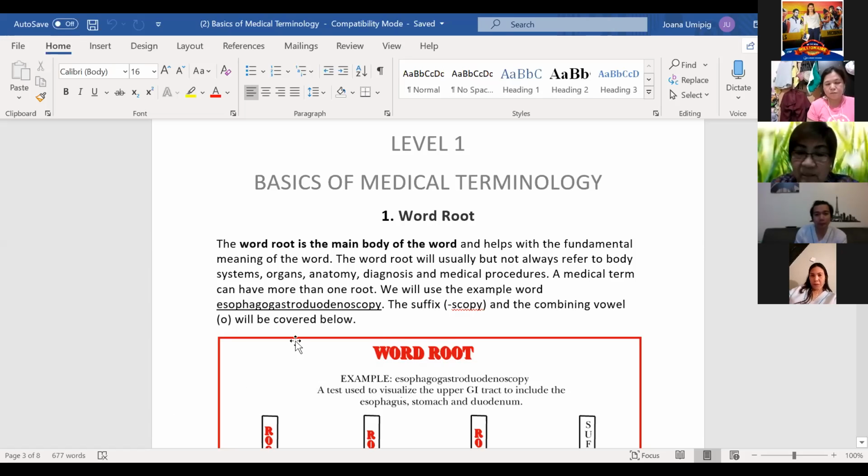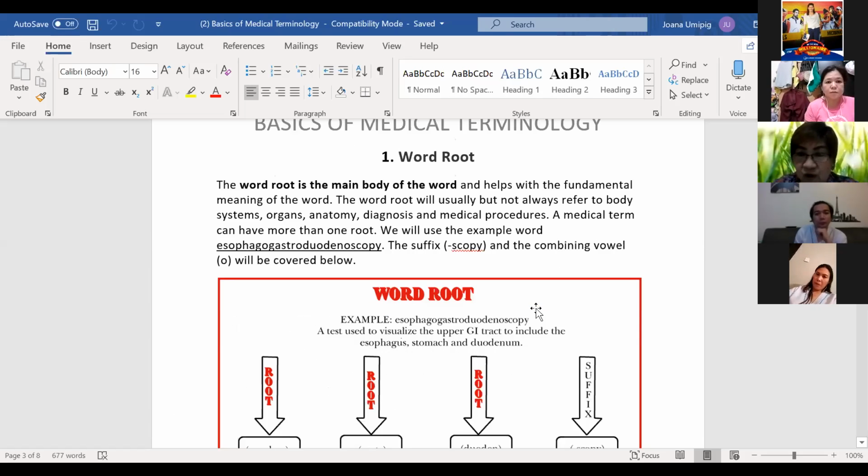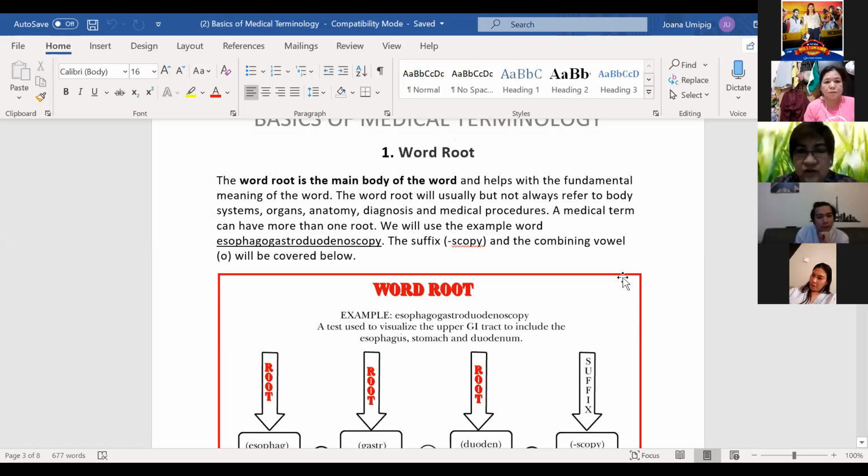Read it for yourself now, or read it all together. Esophagogastroduodenoscopy. It's a long term, right? And it's tongue twisting.